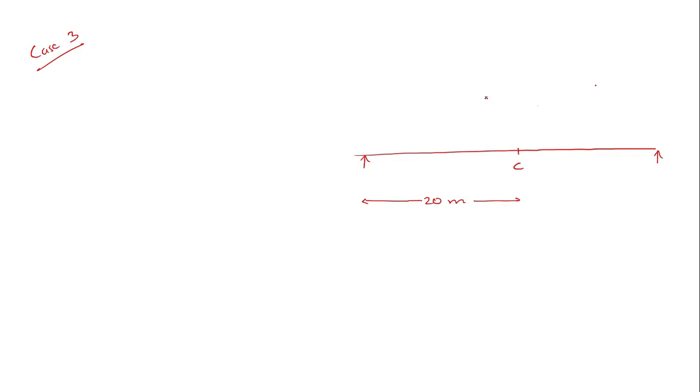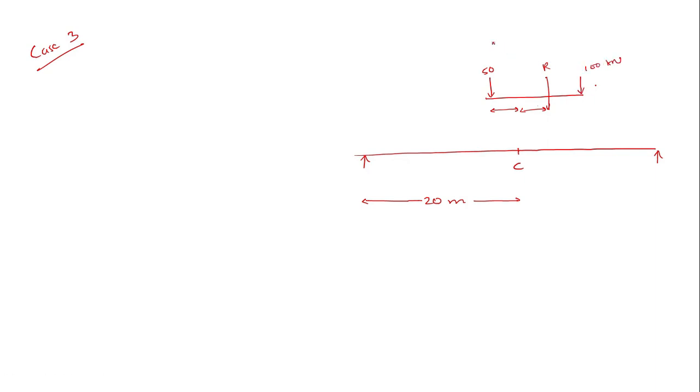Okay, I place the load in such a way that the corresponding point C is equidistant from 50 kilonewton load and the resultant R. So it is equidistant here, and then you have here the 100 kilonewton load.